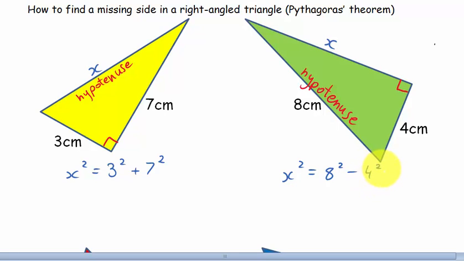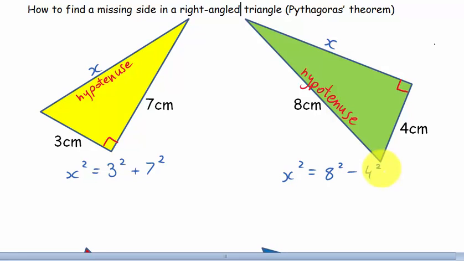Bear in mind that when we take away two numbers, it matters what order we put them in. In this particular case, in Pythagoras theorem, we always do the greater number squared take away the smaller number squared. Once we've got the Pythagoras equation written down, first thing we do is evaluate the squares in it.